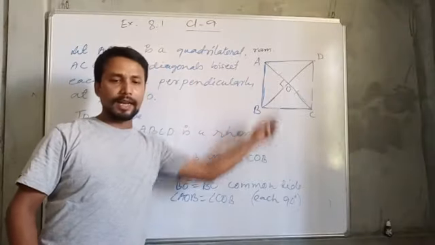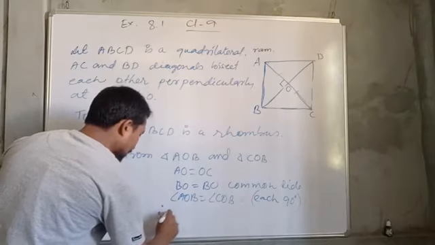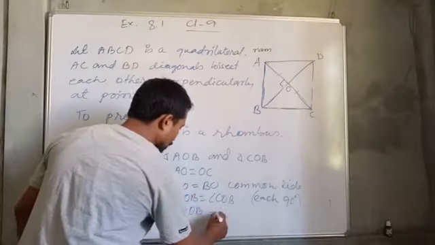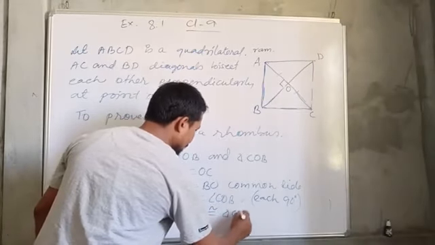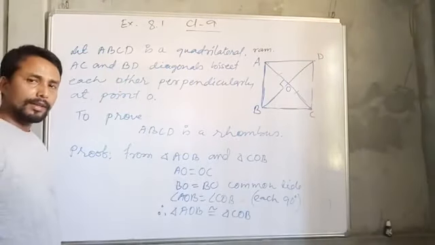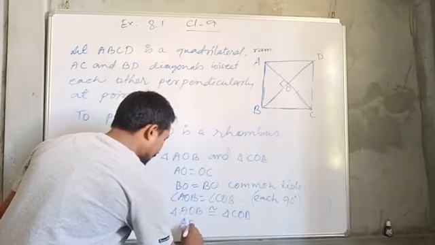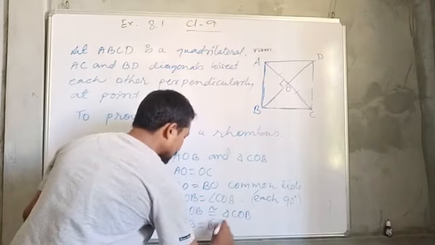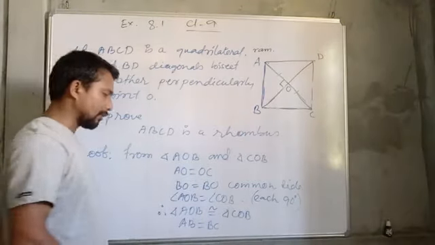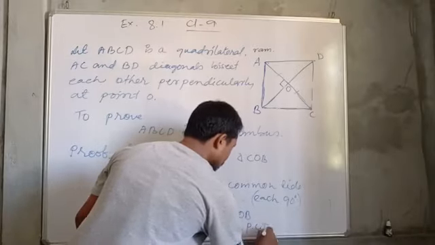Therefore we can say triangle AOB is congruent to triangle COB. If the two triangles are congruent, then AB equal to BC. This is CPCT.